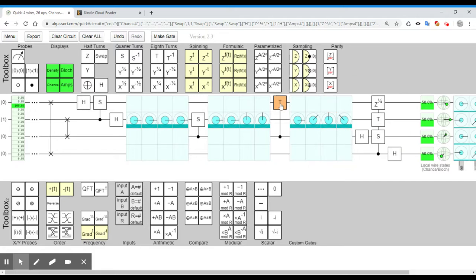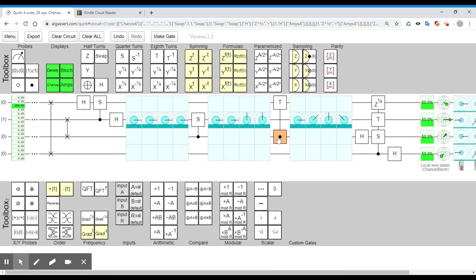That bottom wire. But if we're having the swaps, this is affecting the representation. Is it? But it shouldn't really. That control T.